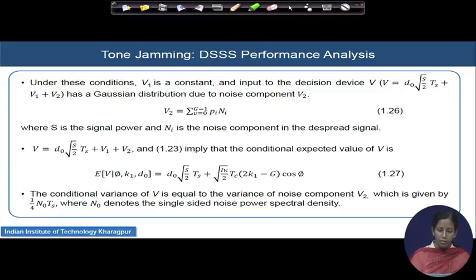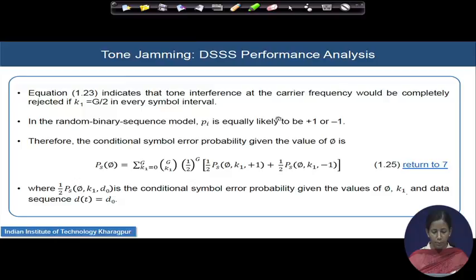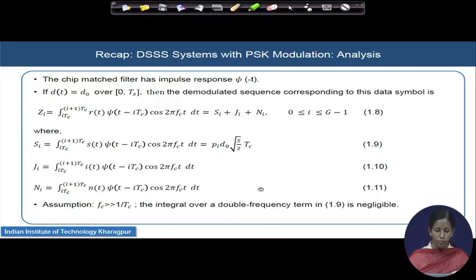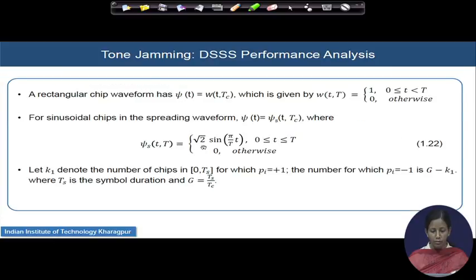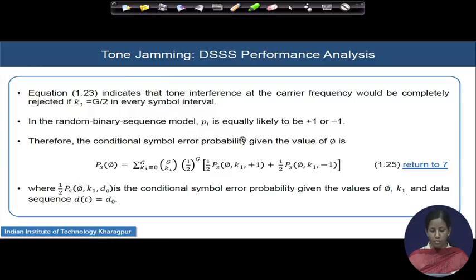So, we can write down V like this, and if I take into consideration 1.23, the equation we explained last time, 1.23 explains this D0 section, and the expression for V1 is also obtained from 1.23. Using the earlier fact that we have a contribution for the signal section given by 1.9, we have the contribution from V1 given by this, and the mean value of the noise is equal to 0.